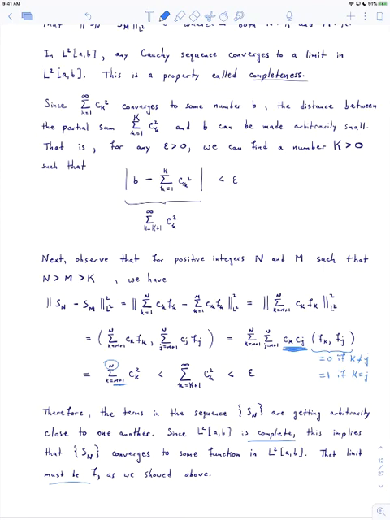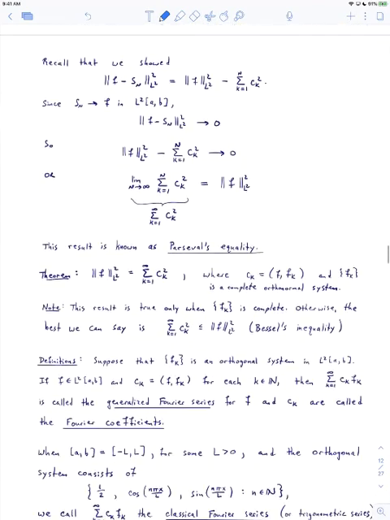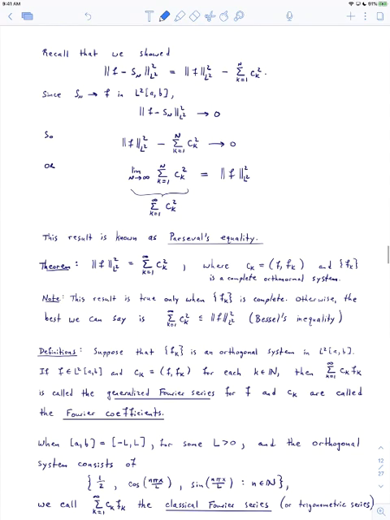Okay, so what else did we show? We also showed a very interesting equality. Earlier, we saw that if you looked at the difference of f with its partial sum, as you see here, if you looked at that difference in norm squared, that was equal to the norm of f squared minus the sum k equals 1 to n of ck squared.